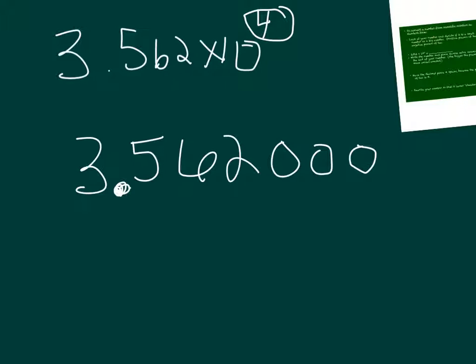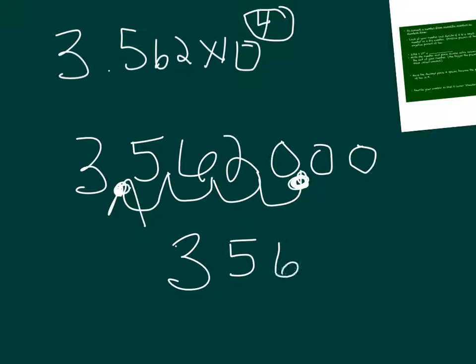Now think about this. This is a big number. So I'm going to make this 3 look bigger by moving it 4 spots. So I move it 1, 2, 3, 4. And this is where my new decimal place is going to be. Here's where it started, but since I've taken the power of 10 away, now I just have the 3, 5, 6, 2, and you can put 0, 0 after that, depending on significant digits and things like that.